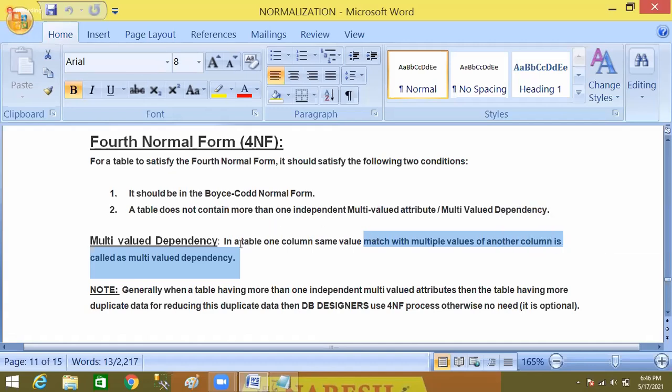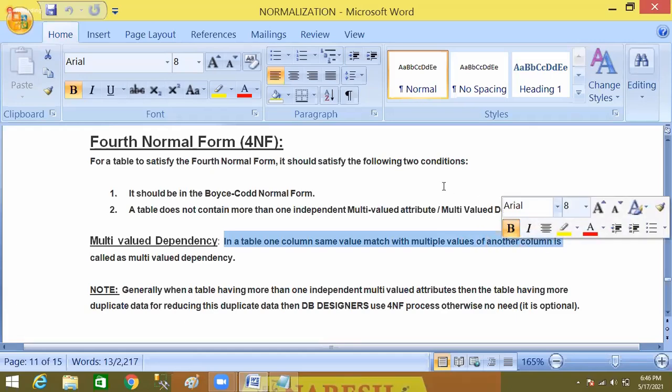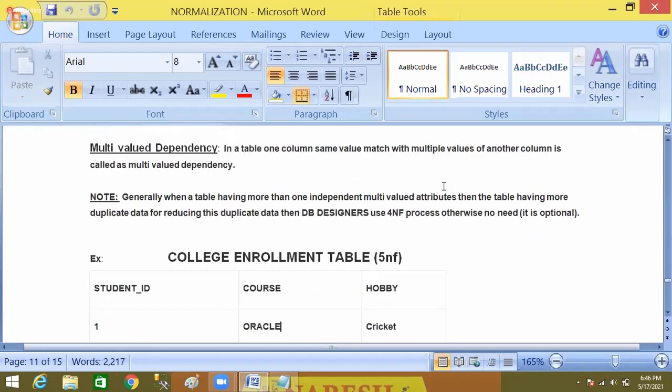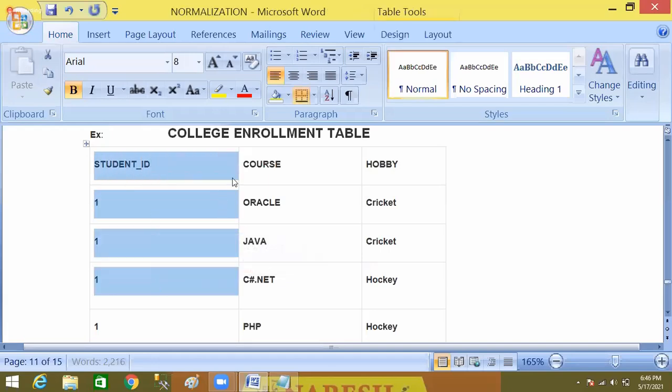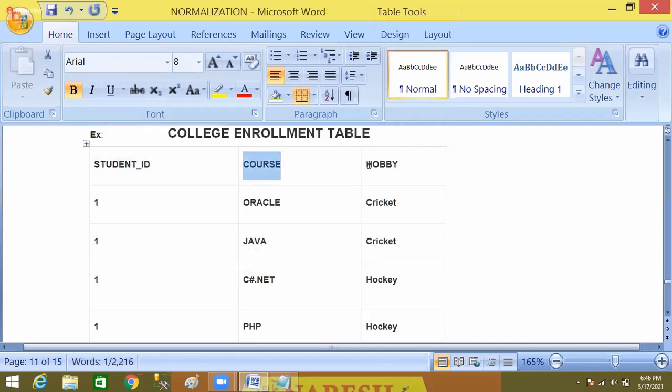So the definition: in a table, one column's same value matches with multiple values of another column. What does it mean, sir? Just observe the example. Can you see the college enrollment table? In this college enrollment table, we have student ID, course is one more column, and hobby is one more column.